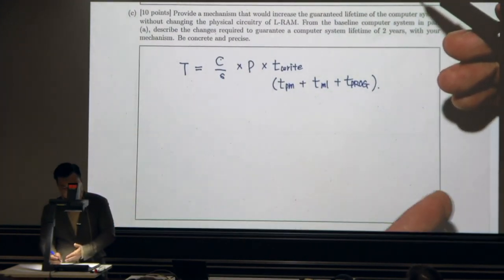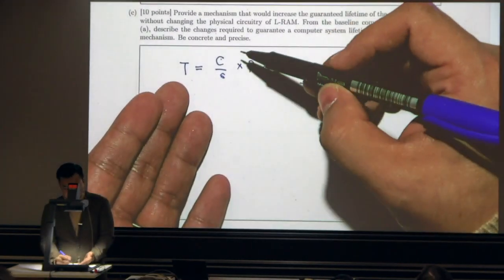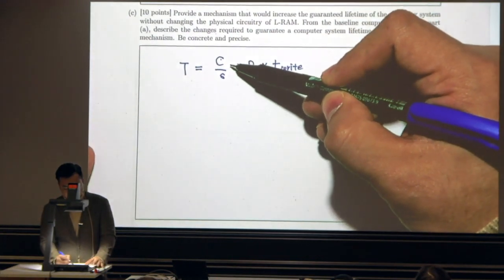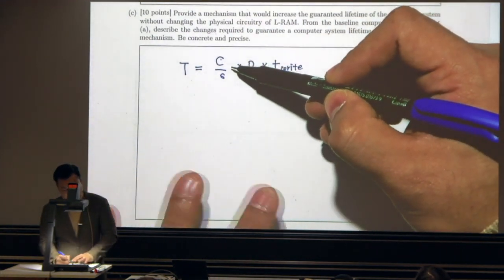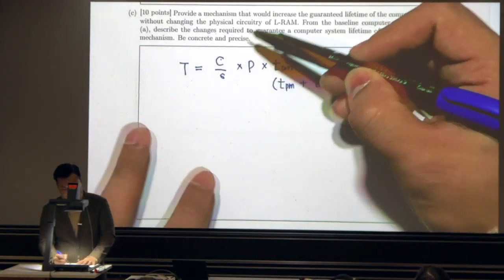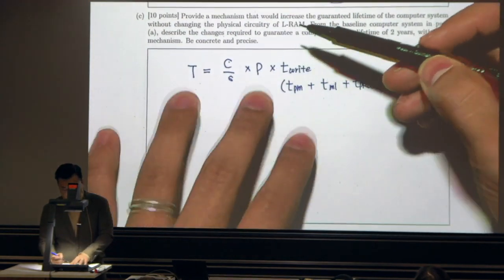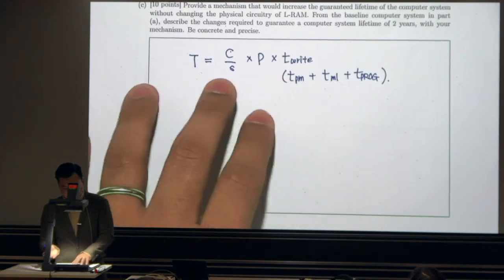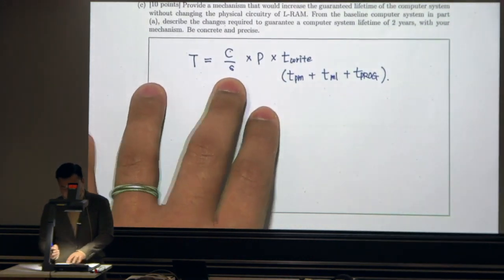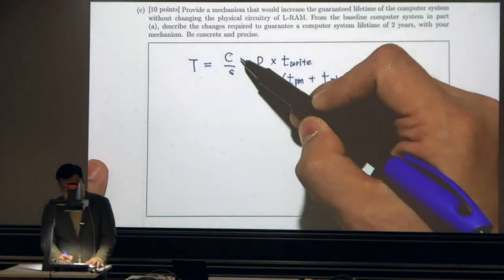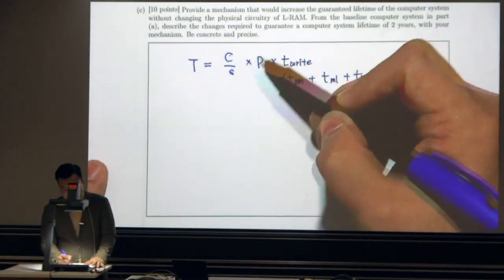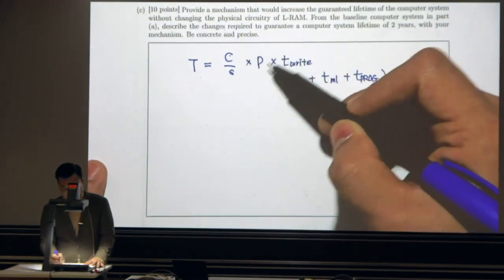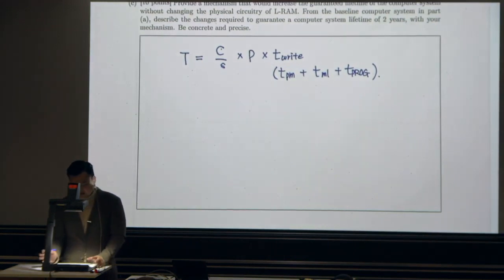There are a lot of ways to improve the lifetime. For example, we can improve the lifetime by improving the capacity, or the limited programming cycles, or reducing the size. But it also affects each other's value. So it is not quite straightforward.